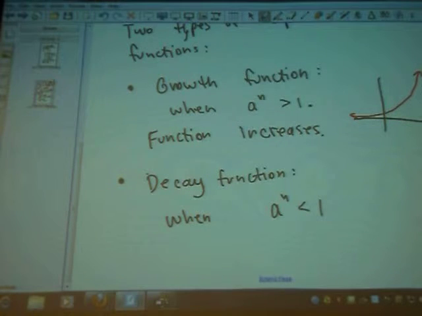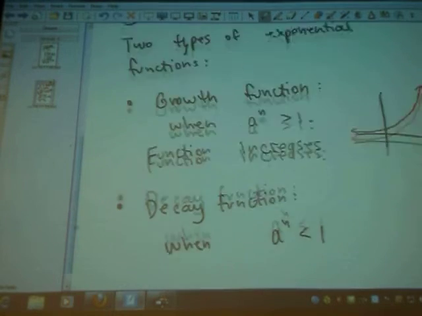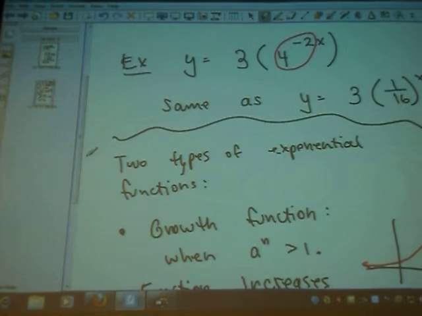Every time you're multiplying your function by a value that's less than 1. So this example I have here, 3 times 4 to the negative 2x, that would be a decay function, because 4 to the negative 2 power is 1/16. If you keep multiplying by 1/16 over and over again, your numbers are going to keep getting smaller. Every time you're getting a fraction of what you had before.